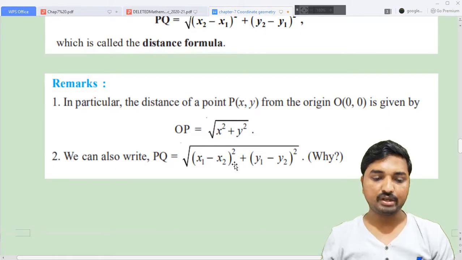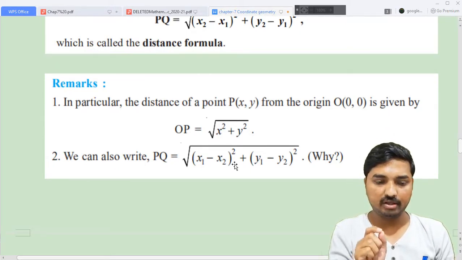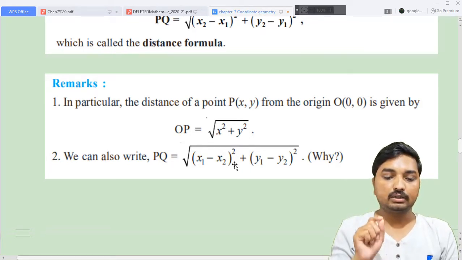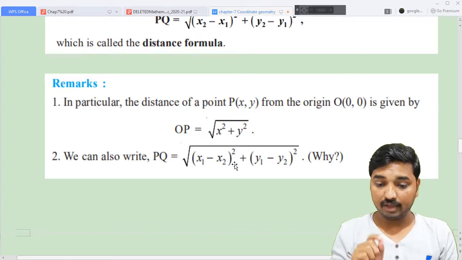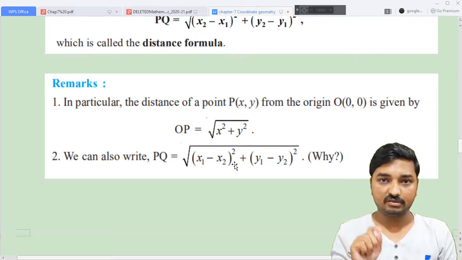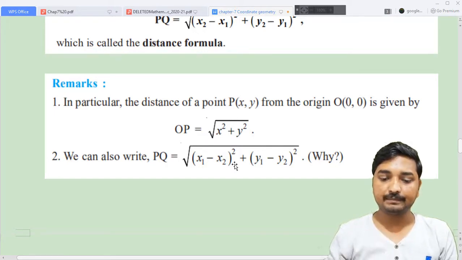And one more important thing, the next thing in particular, this is very important, remember, the first remark is very important. In particular, the distance of a point P of x comma y from the origin, that is O of 0 comma 0, is given by OP is equal to square root of x square plus y square. Try to understand here.